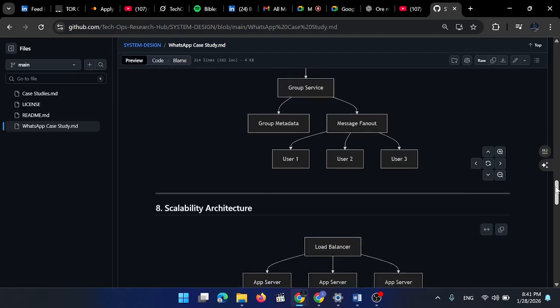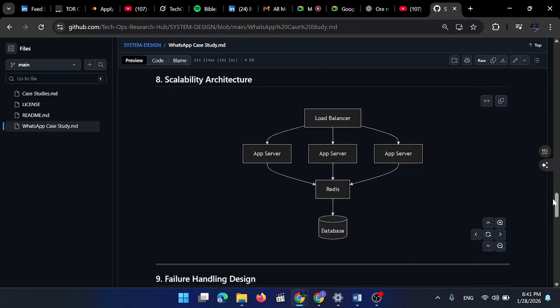And then we have what we call scalability architecture. When it comes to scalability architecture, one is what we call a load balancer, and this load balancer is split into three servers: server A, server B, server C, right? And then there's Redis. Now from Redis to the database. The database is where all the data is stored, right? So this load balancer supports these three app servers here.